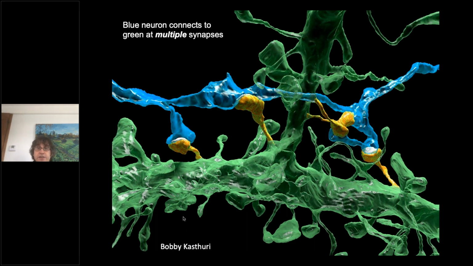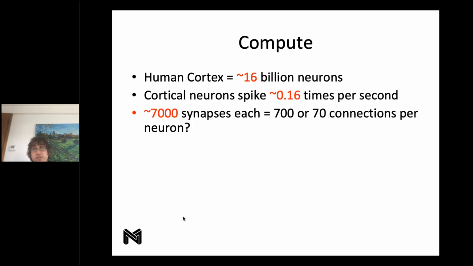So in other words, if a neuron connects to another neuron with a synapse, it probably connects to it in many, many more other places. We don't know exactly how many, which is why instead of 7,000, I'm going to use 700 as the number of neurons that each neuron in cortex is connected to, but probably the number is closer to 70.